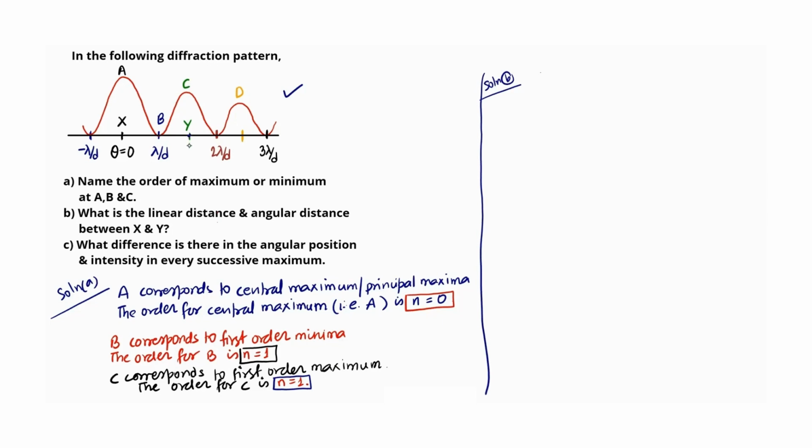So we need to find the angle corresponding to Y. C corresponds to first order maximum. So that is n equals 1.